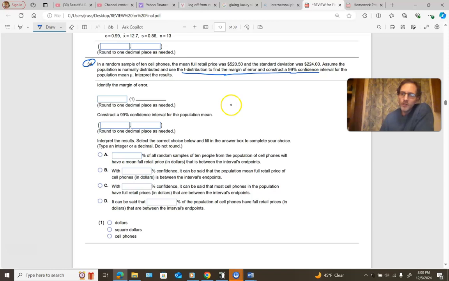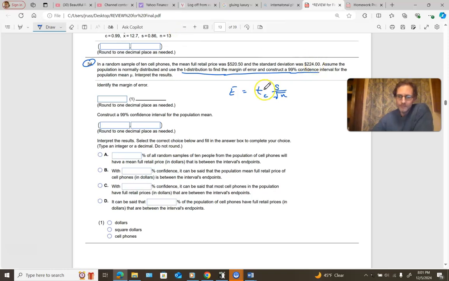Okay, so the margin of error is really found the same way, guys, except instead of z sub c, it's t sub c, okay, where t is your critical t value. And then you're not going to be using sigma, though. You can be using s over the square root of n, okay?